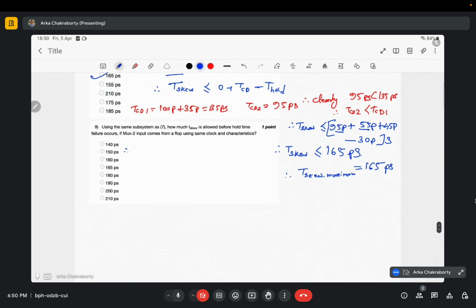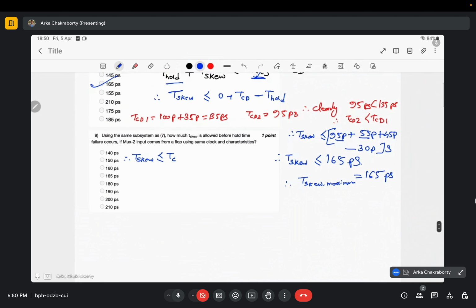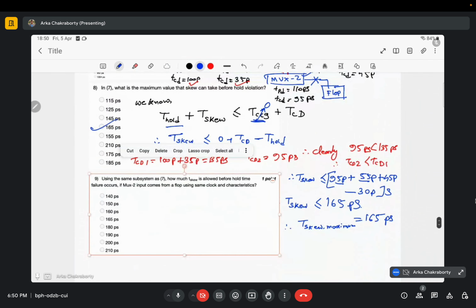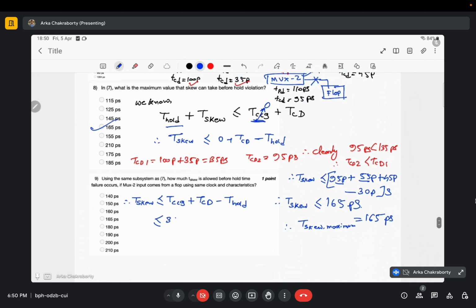Therefore T skew would be less than or equal to TCCQ plus TCD minus T hold. So TCCQ is 35 picosecond. 35 pico plus TCD minus T hold, which is 165 picosecond, right?